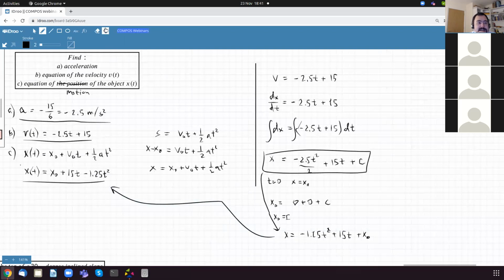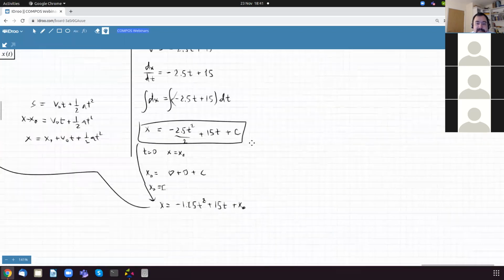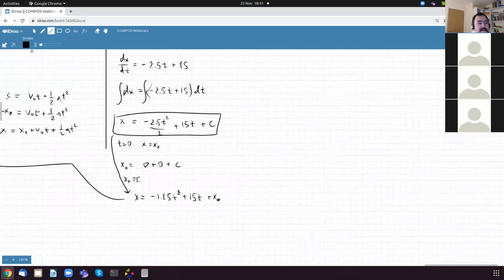There's a different way of doing integration, and I think that I like this method even more: using proper integrals. Now we know that initially x is x0, so x changes from x0 to x.